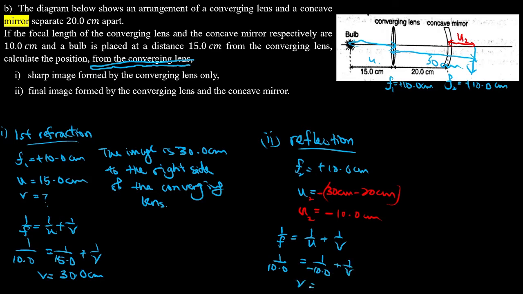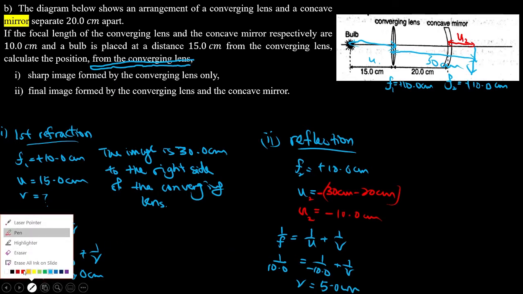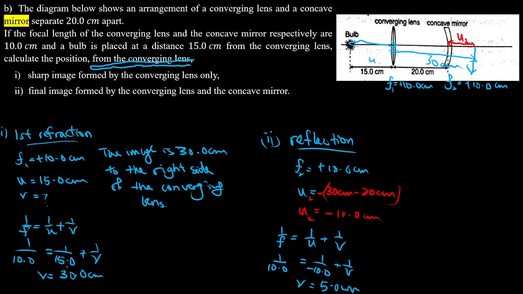So you will get your v as 5 cm. This 5 cm is located here.